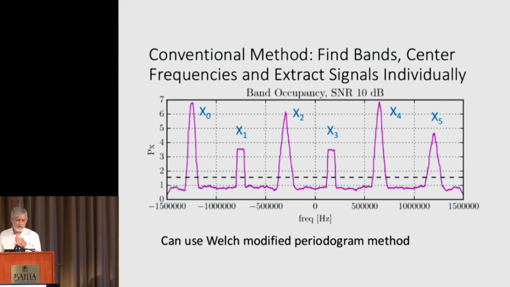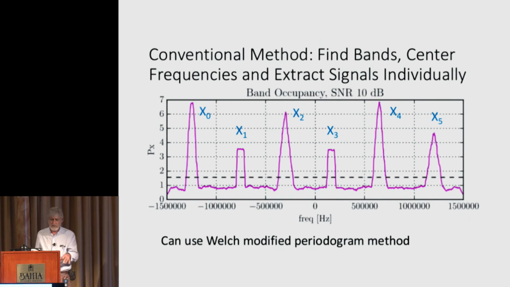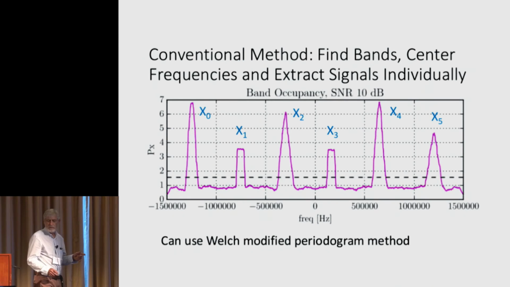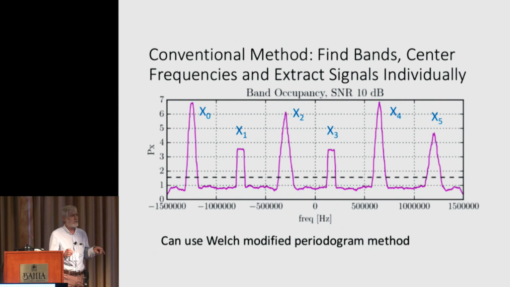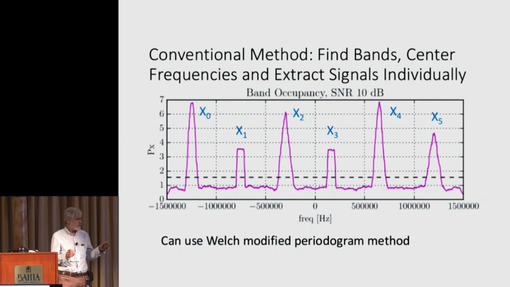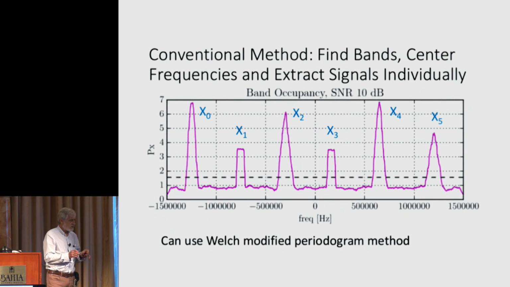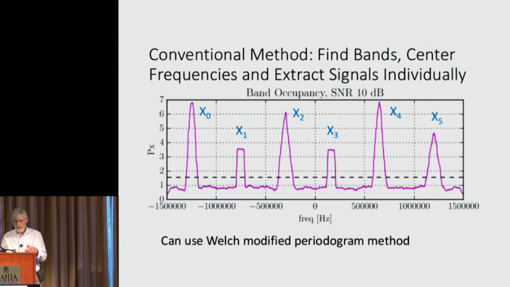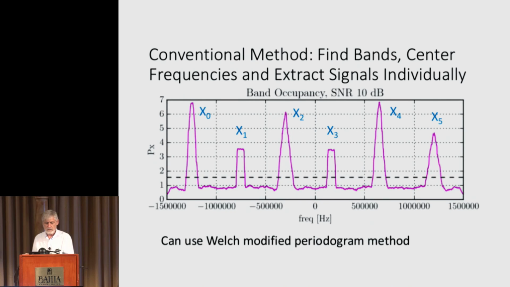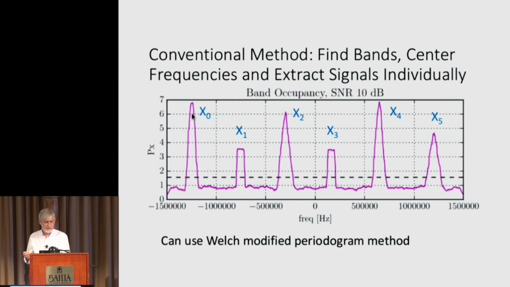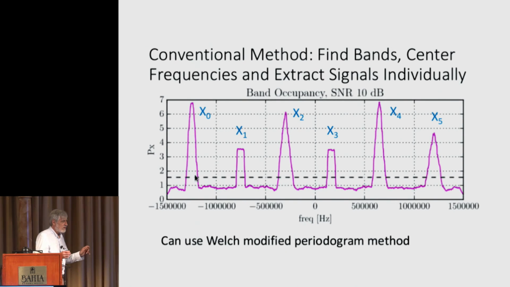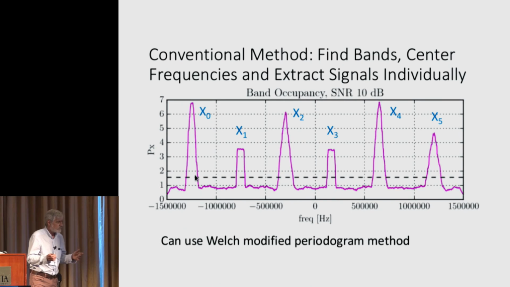I wrote that you could use a Welch modified periodogram, but I actually produced that using the frequency domain method with a trial baud rate of 0 so that I get the power. Even a noisy signal looks quite good in that. So I would say it's not too difficult to find center frequency and bandwidth in an automated way.